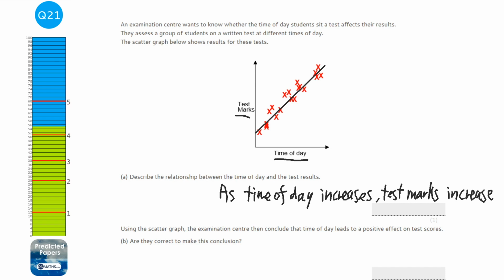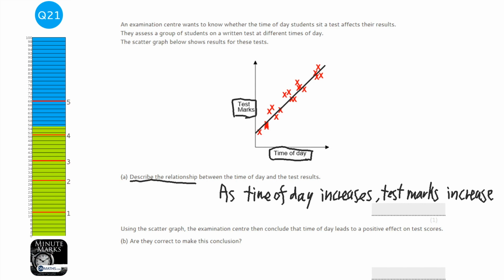So there's a difference between describing the type of correlation or writing the type of correlation and describing the relationship. When you're describing the relationship, it's just as the one at the bottom increases, the one up the side either increases or decreases.